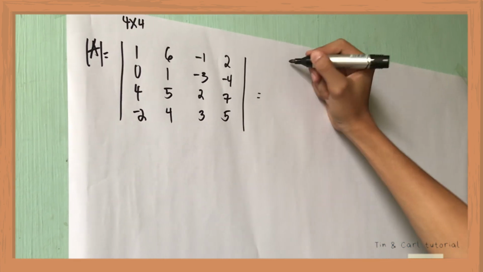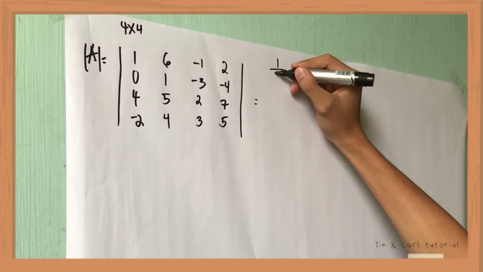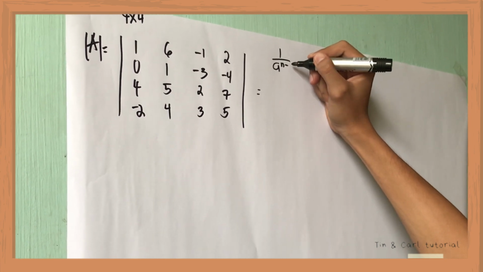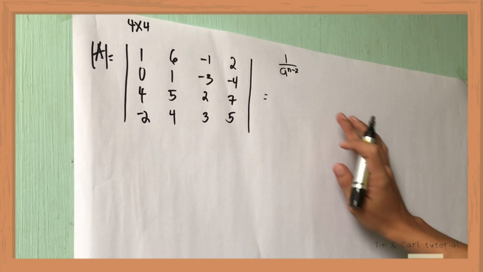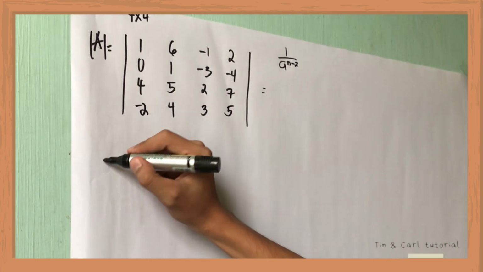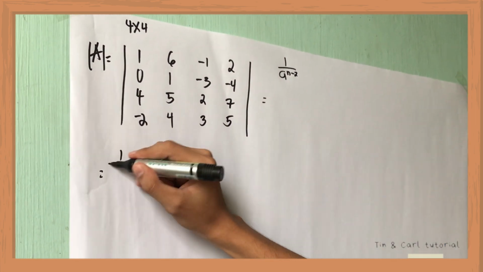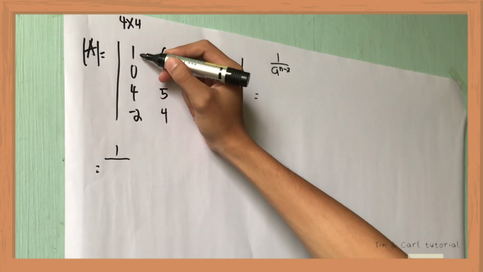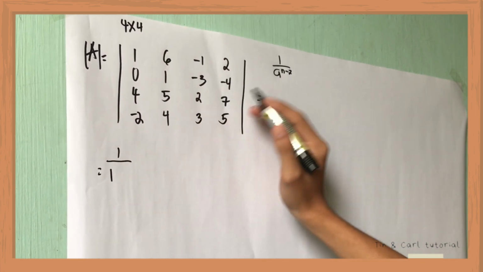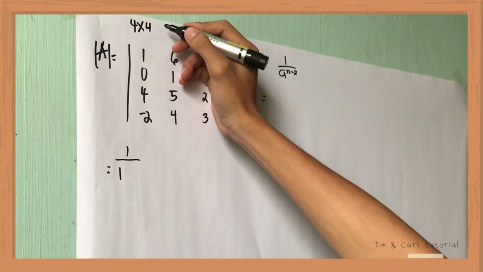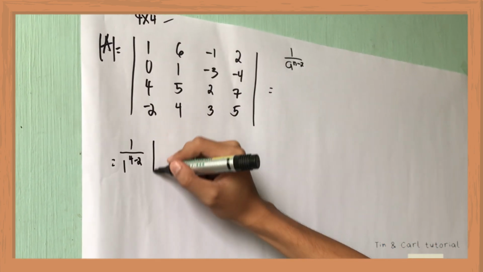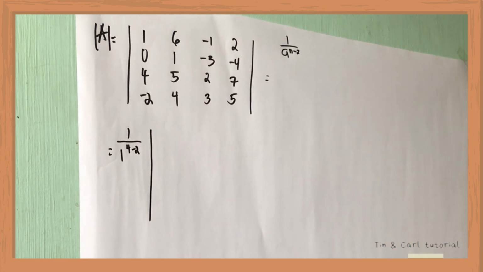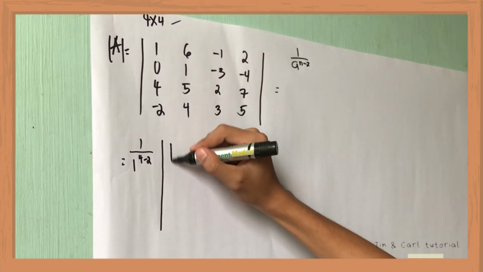So, sulat ulit natin yung formula. 1 over n minus 2. So, sulat na natin dito. 1 over, first number natin ngayon ay 1. So, 1, tapos 4x4 yung matrix natin. 4 minus 2. Then, kunin lang ulit natin yung first row and second row.